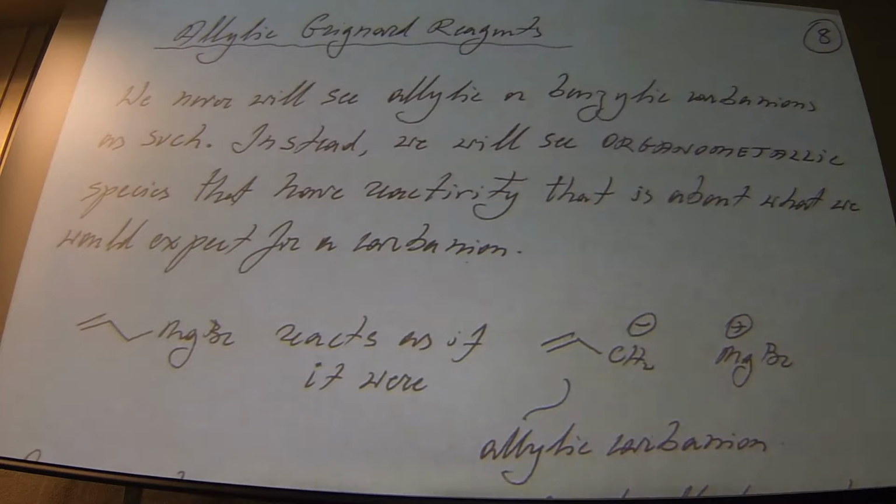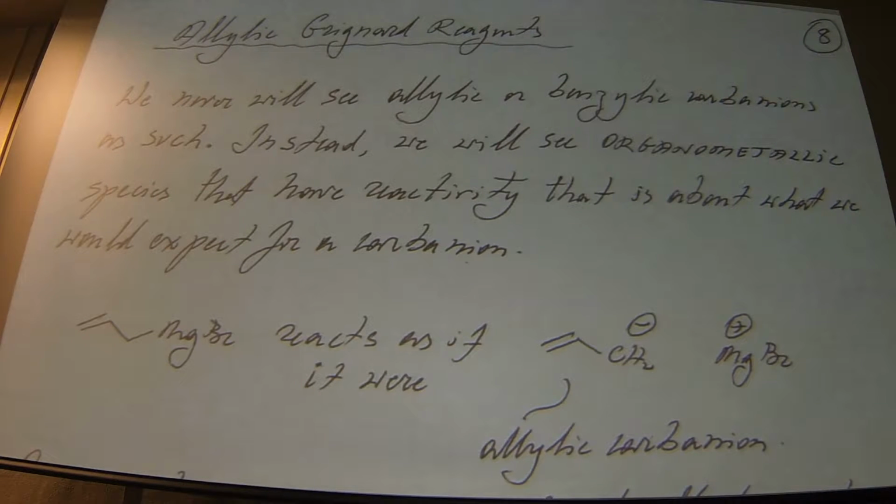Now, we'll never really see allylic or benzylic carbanions as such, but what we will see are benzylic and allylic Grignard reagents, benzylic and allylic organolithium reagents, and so on. These are not carbanions, they're organometallic species, but recall from Chem 272 that they react and they have properties that are equivalent to a carbanion.